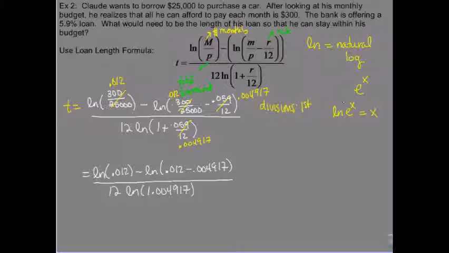All right, so after you've done the divisions, I need to do this subtraction next. So I got 0.012 minus 0.004917.